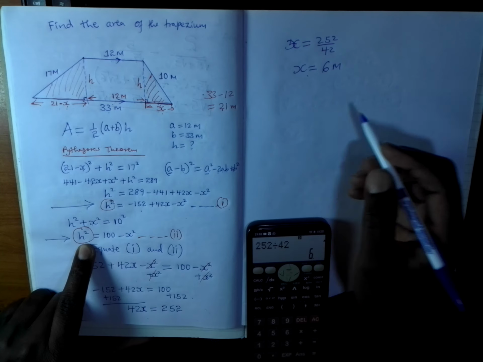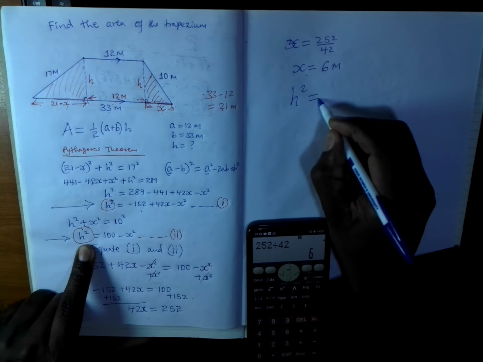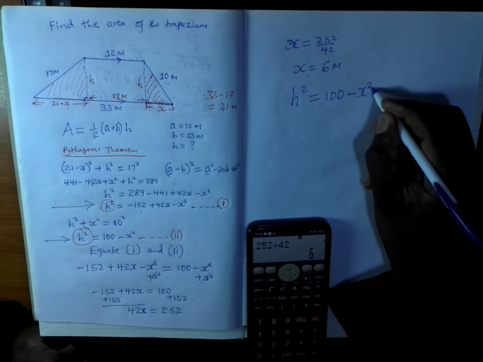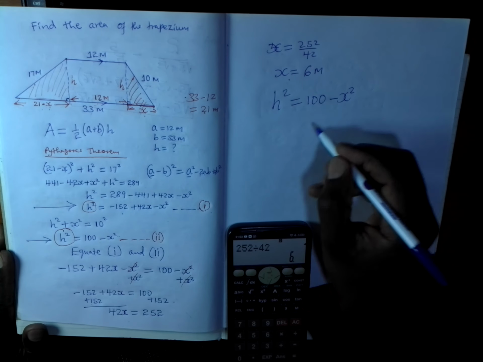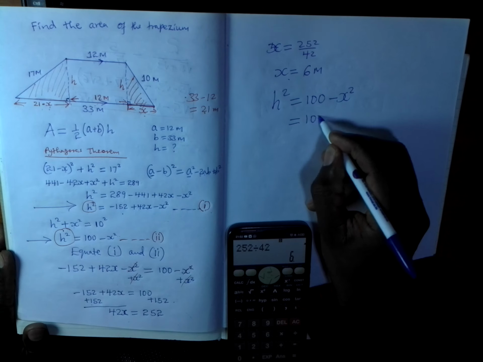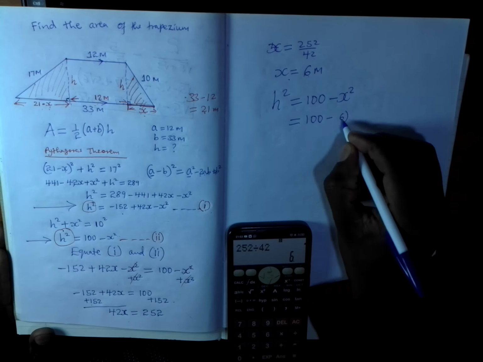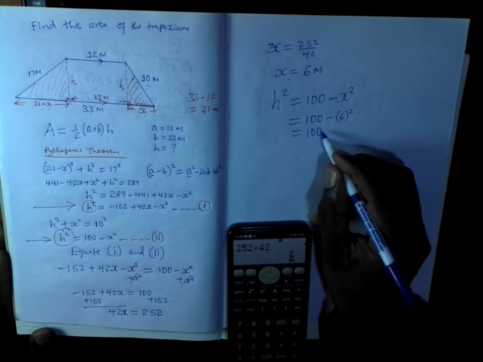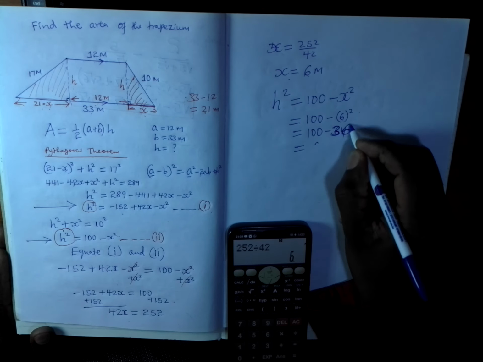So we can pick the second equation, which is h squared is equal to 100 minus x squared. x is 6, so 6 squared is 36.